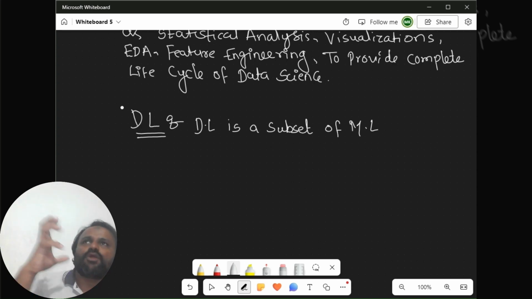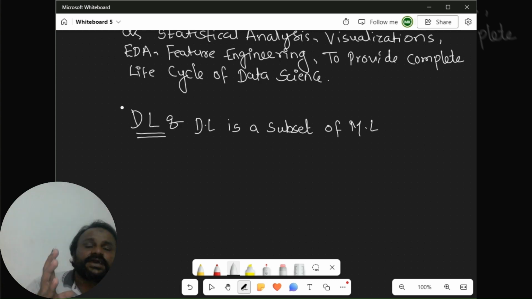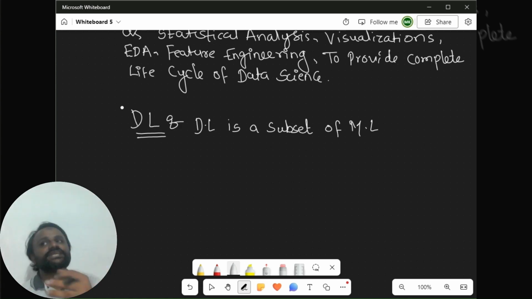So nowadays, why it is so famous, the amazing thing about deep learning is the main aim: just like I am a human being, how I can see and how I can understand different languages. Like when a person asks, please provide me a glass of water, I can understand that. Similarly, when anyone puts a message on my WhatsApp, hey, can you call me, I understand he's asking about a call.